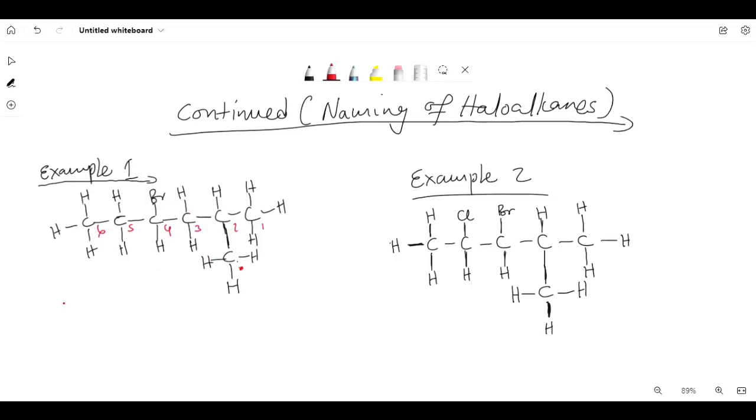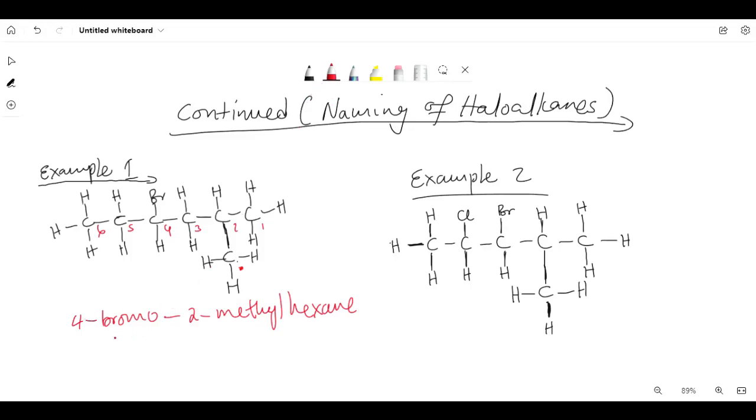Now the name will be, as you can see, the longest chain is hex. So I have 4-bromo-2-methylhexane.